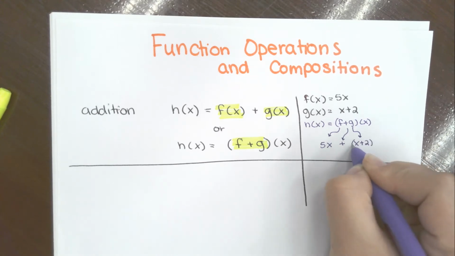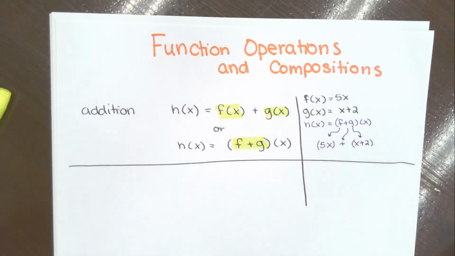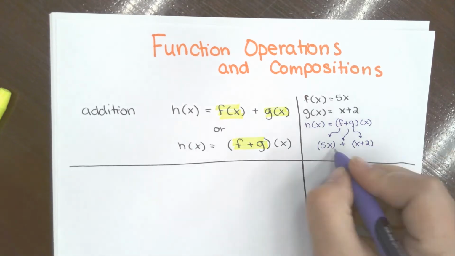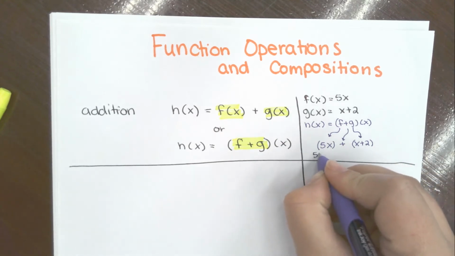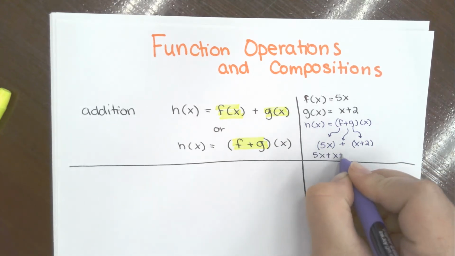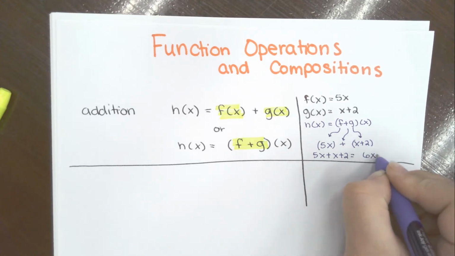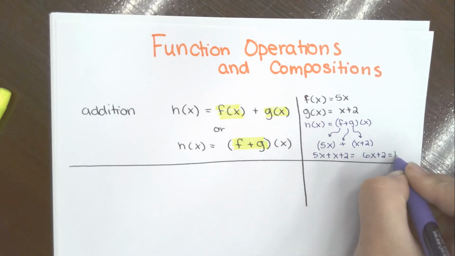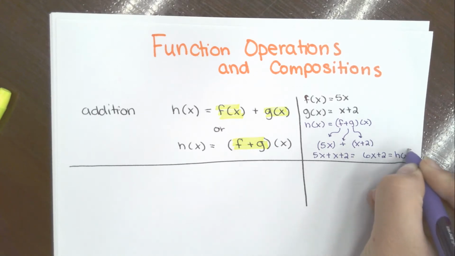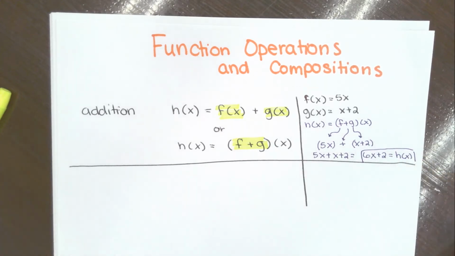I highly encourage you to put parentheses around these until you know for a fact there's nothing to distribute. This will occur especially if you are subtracting. Since we're just adding, we have 5x plus x plus 2, which means we have 6x plus 2 equal to our h of x. So this is your answer.